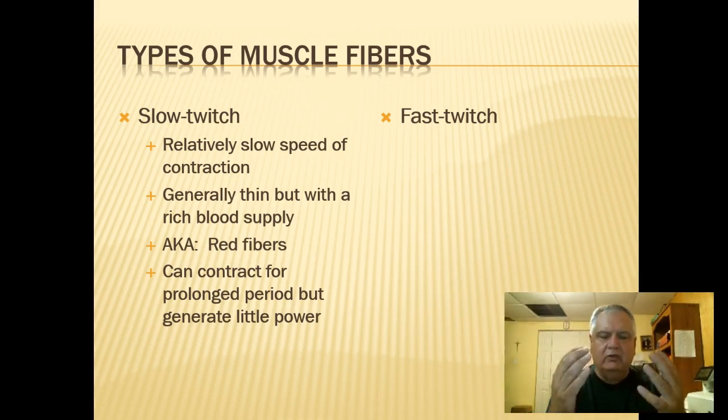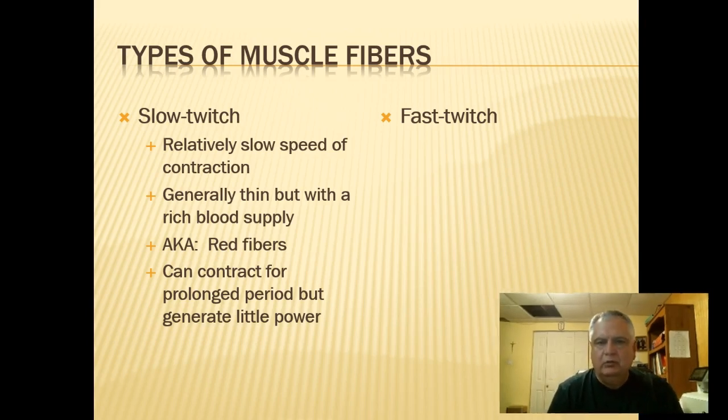They have a rich blood supply, so they have great ATP supplies. So they don't generate a lot of force from contracting rapidly, but because they have large ATP supplies and large oxygen supplies available for aerobic respiration, they can work for prolonged periods of time.